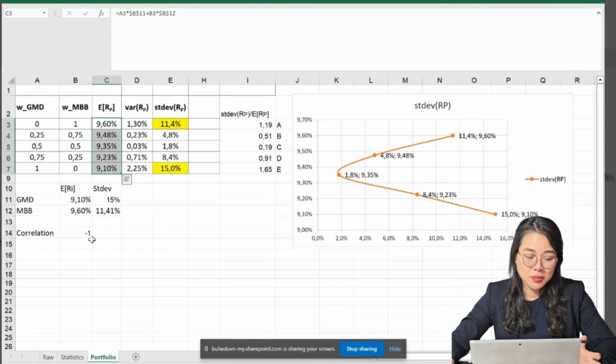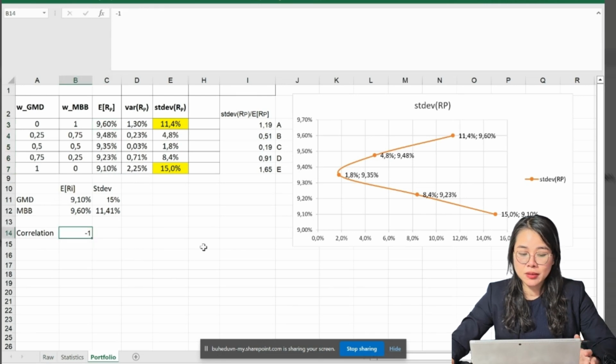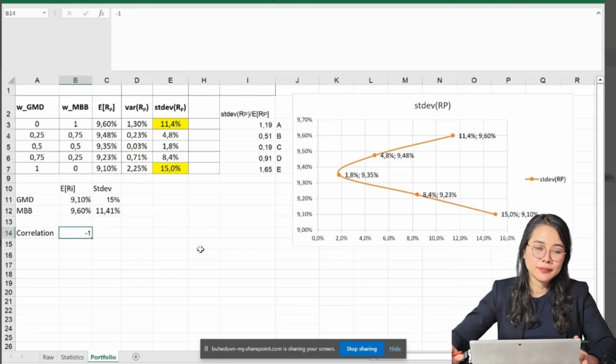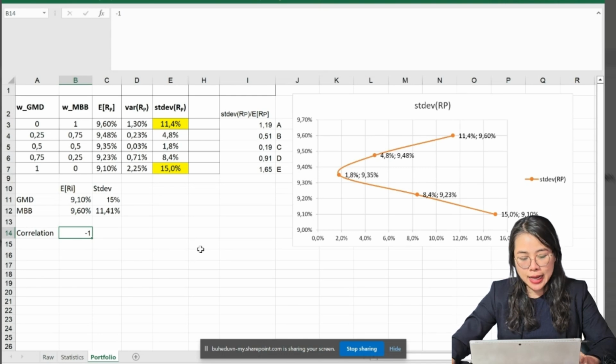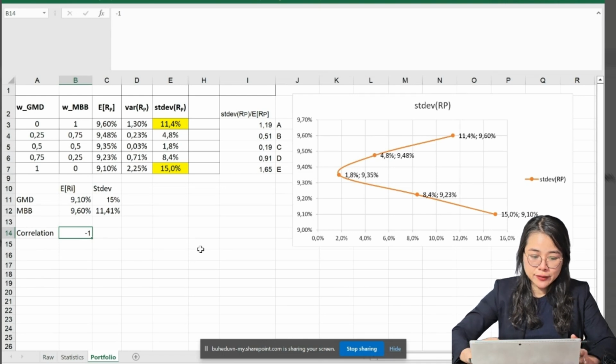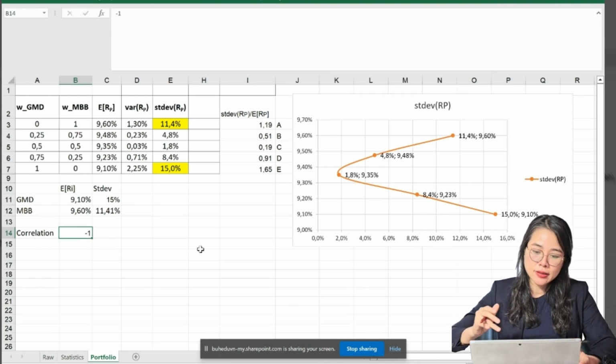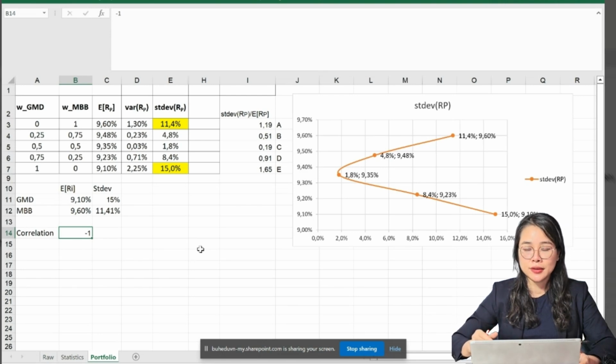Of course, finding two stocks that move in opposite directions is very difficult. So now we can come to a conclusion: the more negative the correlation between the two stocks, the less risk in the portfolio combining them.